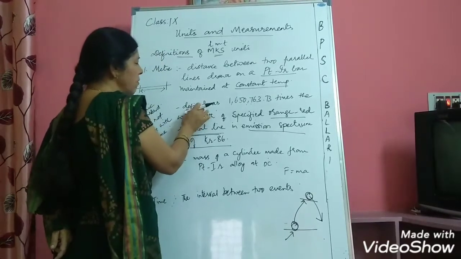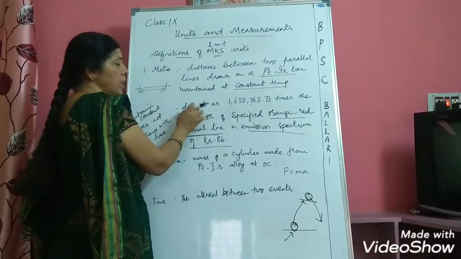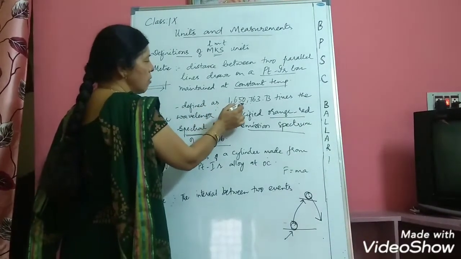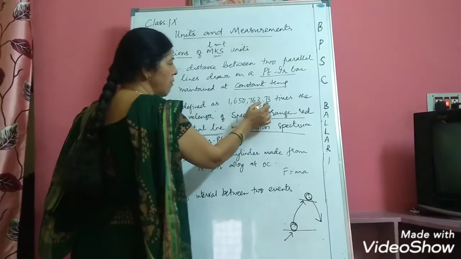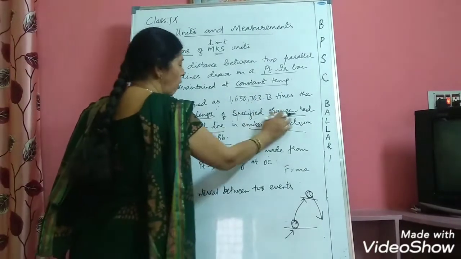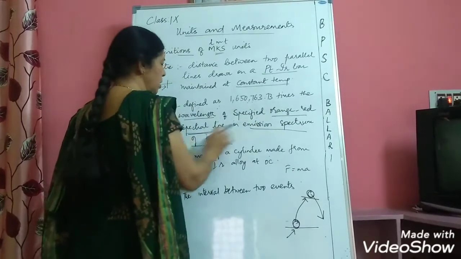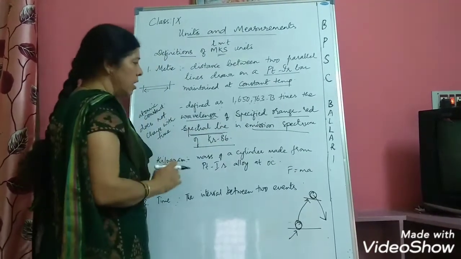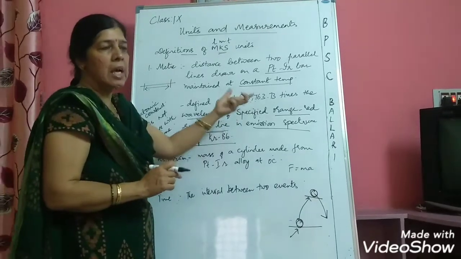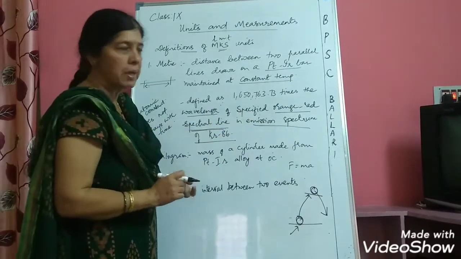So, the more precise definition of meter as of now is 1,650,763.73 times the wavelength of specified orange-red spectral line in emission spectrum of krypton 86. Of course, as you go to higher classes, you will learn more about these types of emission spectra.